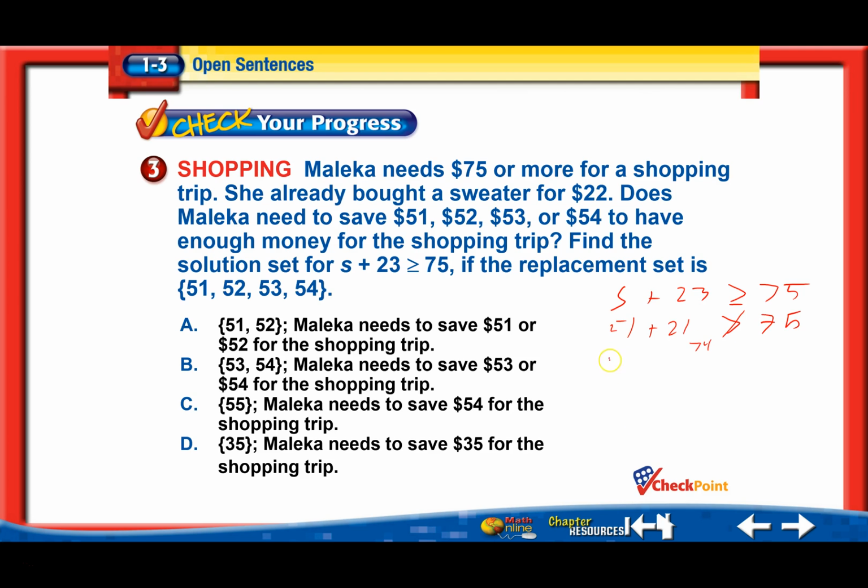I'm going to speed through this. 52 plus 23 would be 75, and 75 equals 75, so that one's true. 53 is going to come out to 76, and 54 is going to be 77. So there are going to be 3 answers, 52, 53, and 54. Well, I goofed here. It's 23, so 52 plus 23 is 75, but 52 plus 22 would not be. So 53 and 54. Keep going.